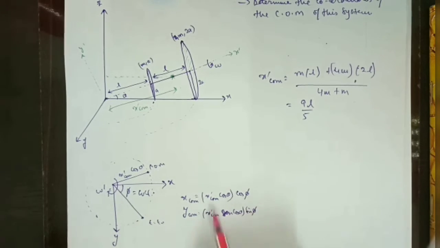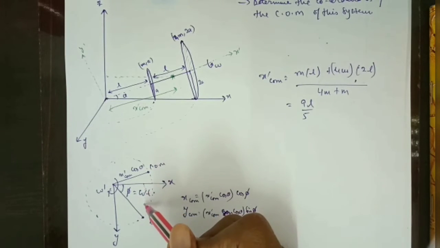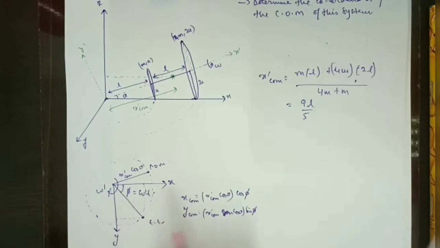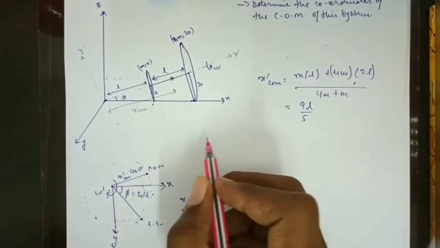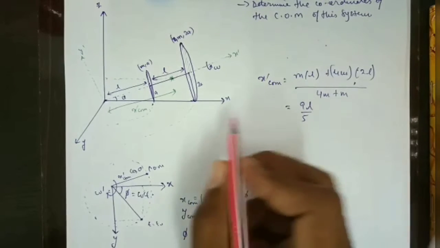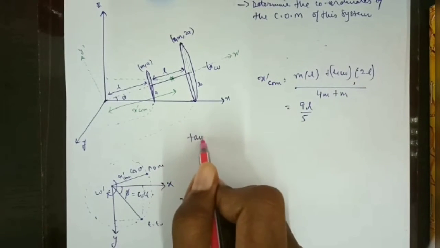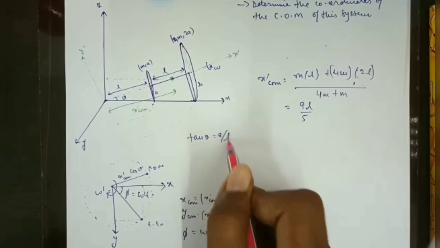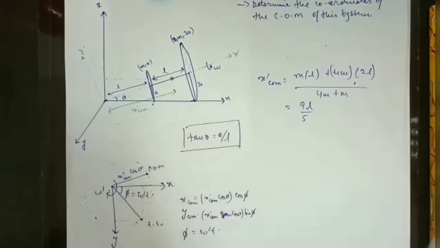We're just taking these projections here, where we are using the polar coordinate concept. And we know that phi is equal to omega prime t. We can also see that tan theta equals a by L.